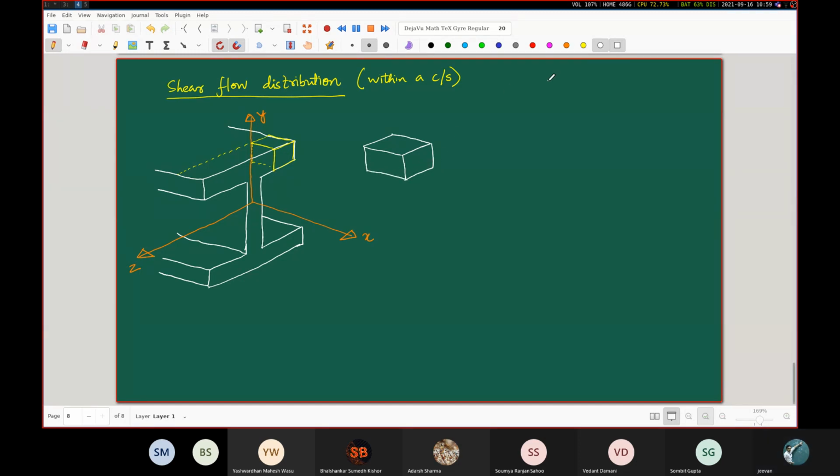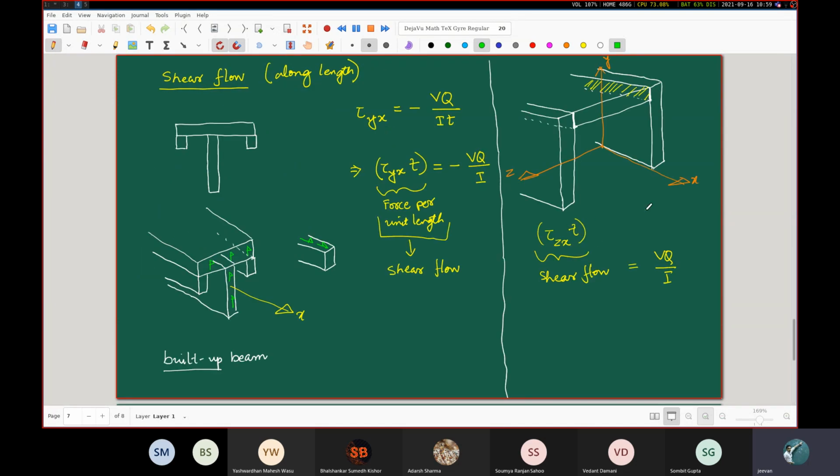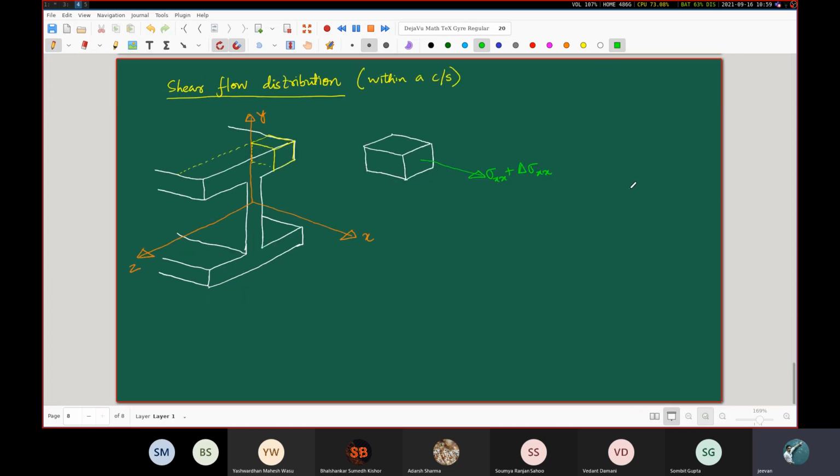Now, we have to understand that on this face, just like before, we are going to have a sigma xx plus delta sigma xx. Please note that whatever I am going to do here will be exactly the kind of thing which we would have to do here. The only difference is that here we were interested only along the length, but here we'll be talking about things within this cross section.